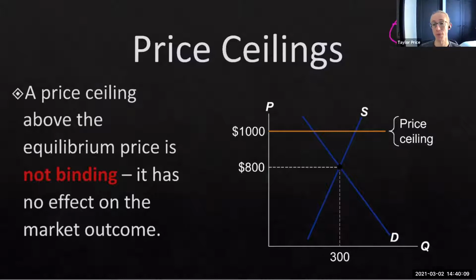What I mean by that is the price in this market is still going to be $800. If a price ceiling is non-binding, it has no impact on the equilibrium price in the market, which in this case is $800. Another important piece is that a price ceiling is non-binding when it is above the equilibrium price, so any price ceiling above $800 is going to be non-binding.